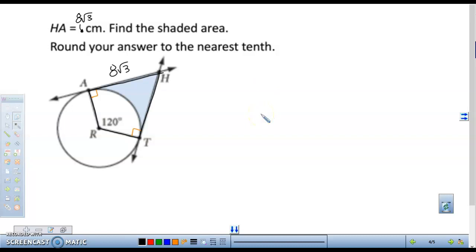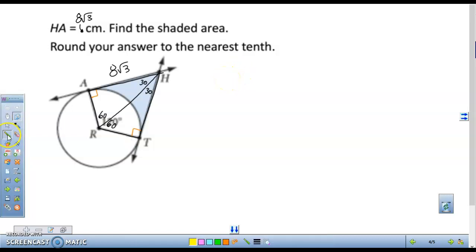But before I even draw my plan, I want to think about the fact that I need right triangles. So I'm going to draw this segment and cut this into two 30-60-90 triangles, because that 120 would be bisected, giving me 60, 60, so 60, 90, and 30. So here's my plan. I'm going to find the area of both of those triangles.